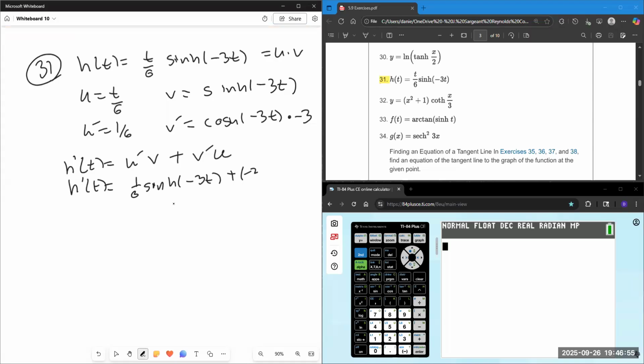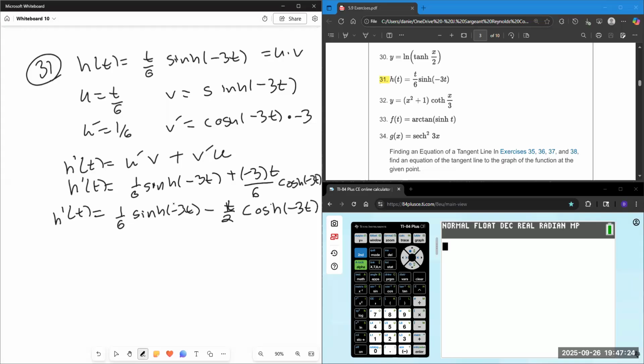negative 3t over 6 cosh negative 3t, and h prime of t is 1/6 sinh negative 3t minus 1/2 t, or negative t over 2 cosh of negative 3t.